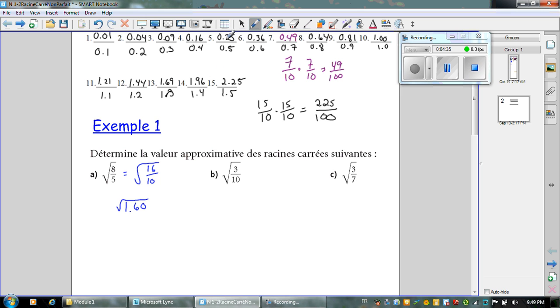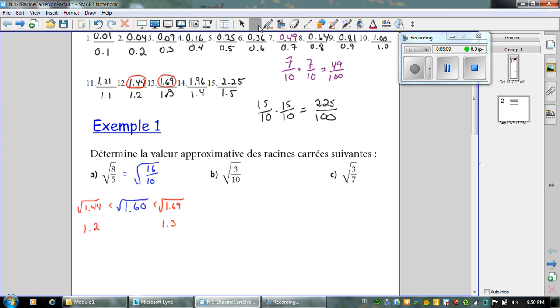So I'm looking to find the square root of that. This is not a perfect square. However, if I look at my benchmarks, I see I have 169 here and 144. My answer would be somewhere between these two, so I'll use those as benchmarks. I know that it's more than the square root of 144, which is 1 and 2/10, but less than the square root of 169 hundredths, which is 1 and 3/10.